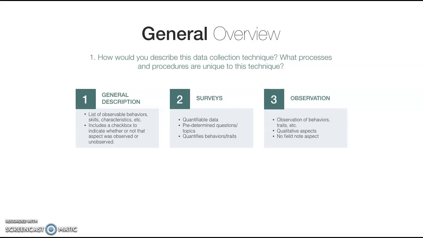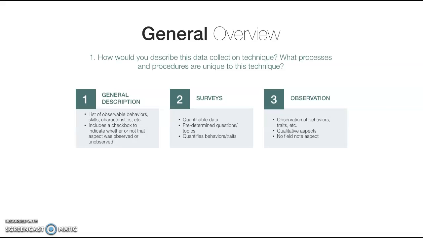So just a general overview here. This answers the first question: how would you describe this data collection technique, and what processes and procedures are unique to this technique? So first of all, just a general description. The checklist technique includes a list of observable behaviors, skills, characteristics, traits, etc. So it can be really anything that is observable.